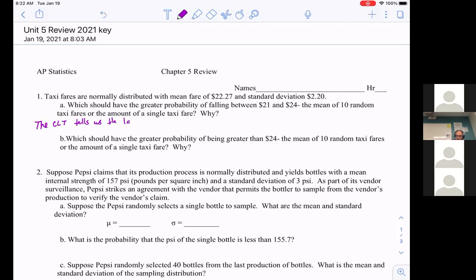Tells us the larger the sample size, the smaller the variation.